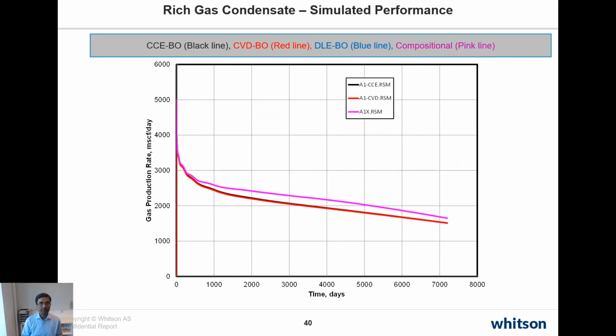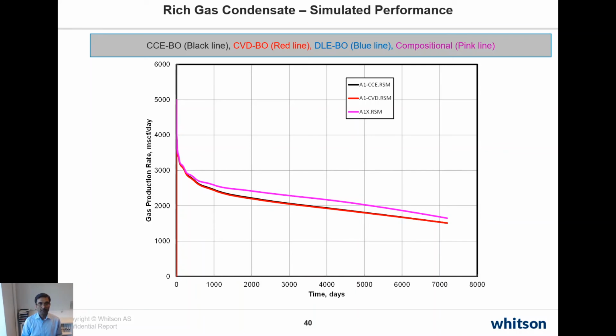So going through the individual plots, here we see that CCE and CVD are similar, but the black oil performance is slightly different than compositional. If you see the gas production rate, it's slightly lower than compositional.